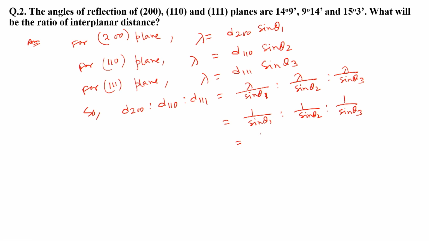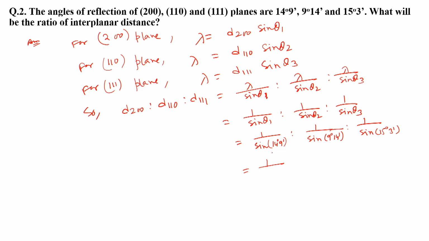Now we put the values of theta 1, theta 2 and theta 3. So we write 1 by sine 14 degrees 9 minutes is to 1 by sine 9 degrees 14 minutes is to 1 by sine 15 degrees 3 minutes.